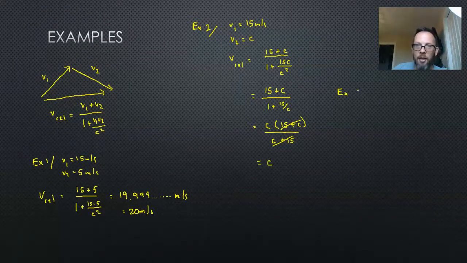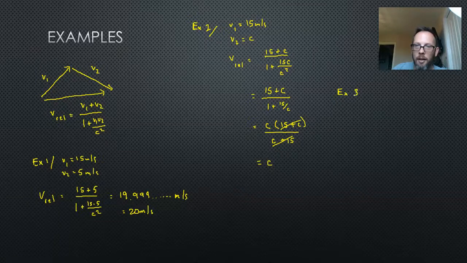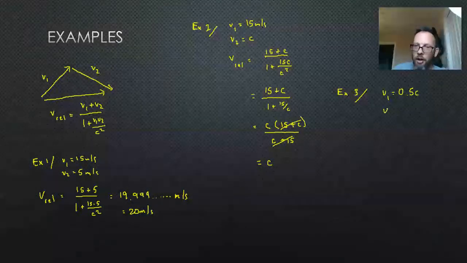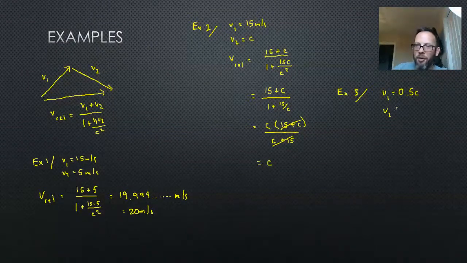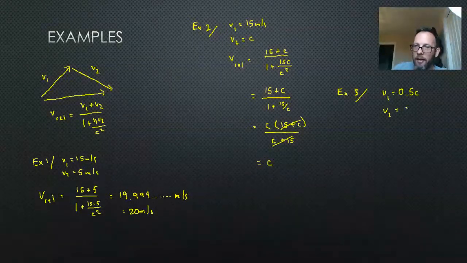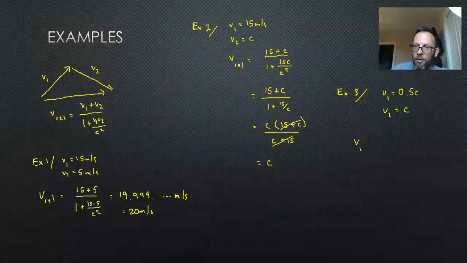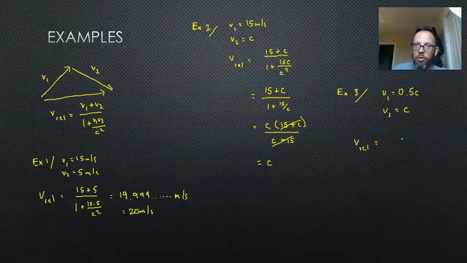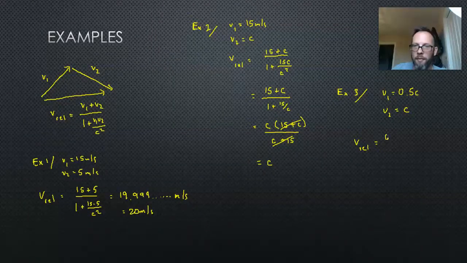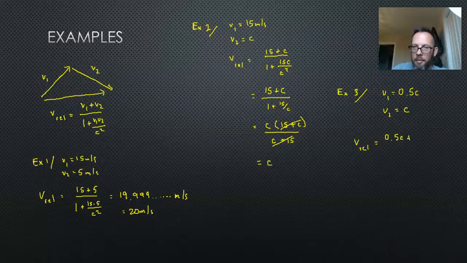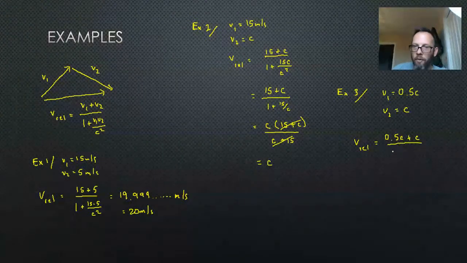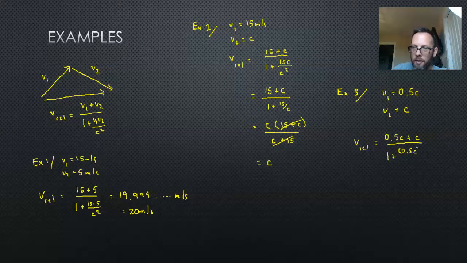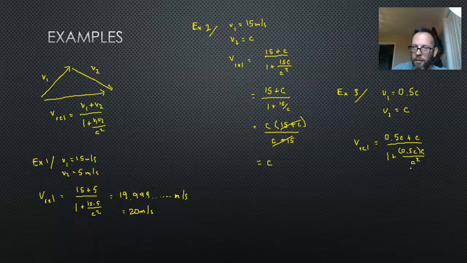So let's say that your bike could somehow travel at half the speed of light, and then you shined your headlight at c. Do you still get c? Does someone on the street still see the light moving at c? Well, it should. So let's try this. So we have v1 is 0.5c plus c all over 1 plus 0.5c times c over c squared.